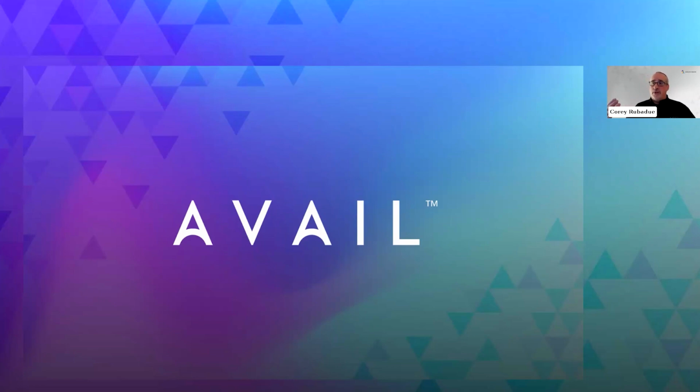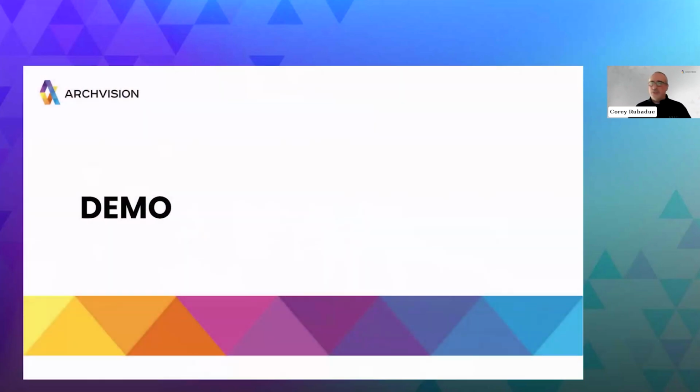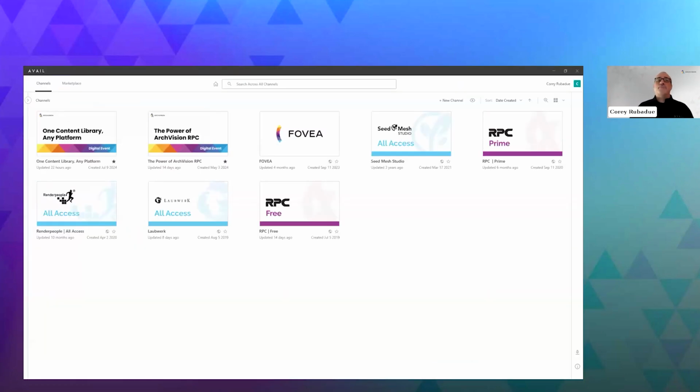It's very specialized these days in the AEC world, especially in Revit, a deep dive in Revit, but it can manage any piece of content, from texture files to materials to 3D meshes to RPCs, you name it. So I will now just jump right into a demo session, and I will hop right into AVAIL.